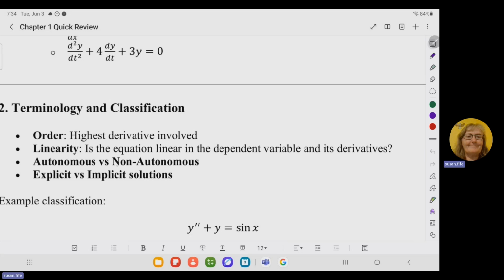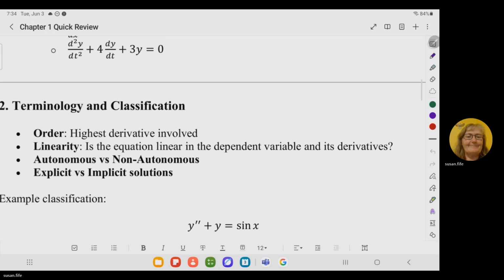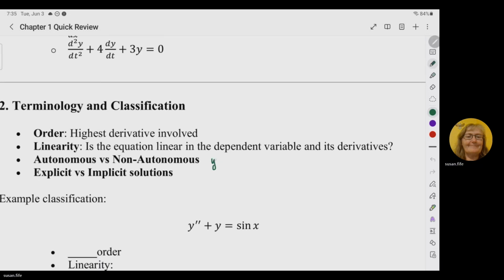Autonomous versus non-autonomous. A differential equation is autonomous if, let me put my pen on, if you can write the derivative in terms of a function of the dependent variable, then it's autonomous.